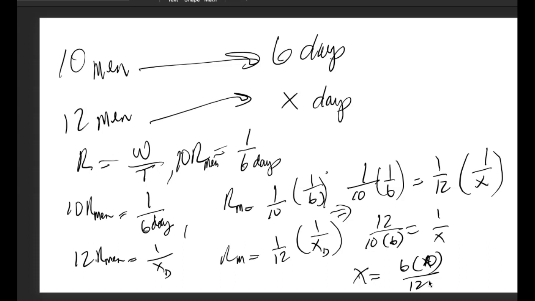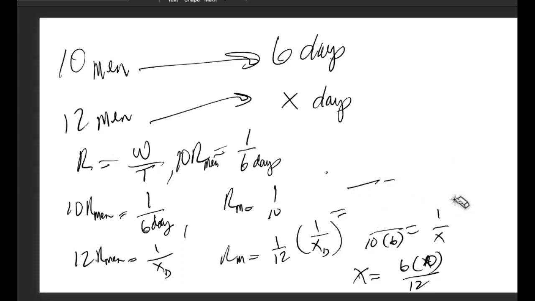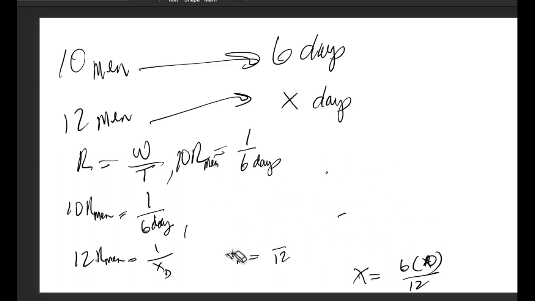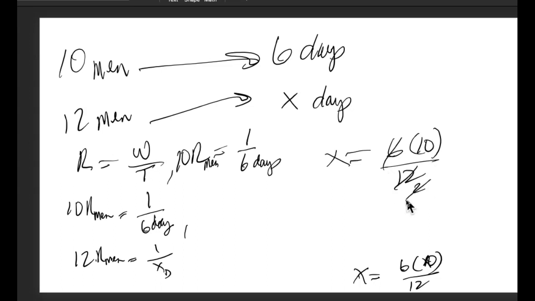Let me erase this and get some room here. So now we got X is equal to 6 times 10 divided by 12. Well, 6 goes into 12 2 times, and 2 goes into 10 5 times.